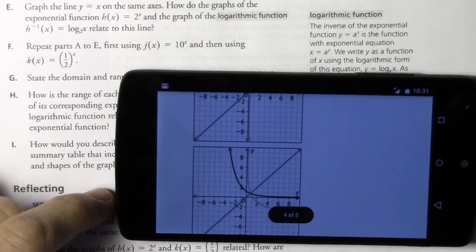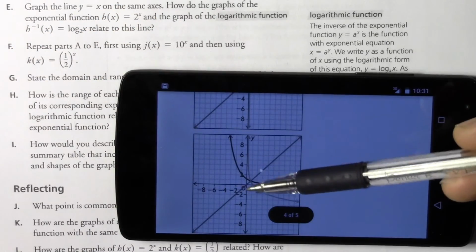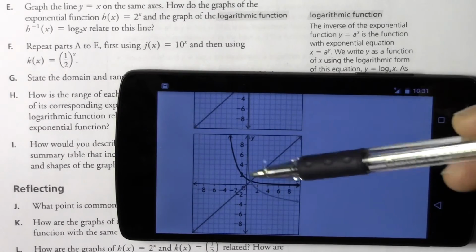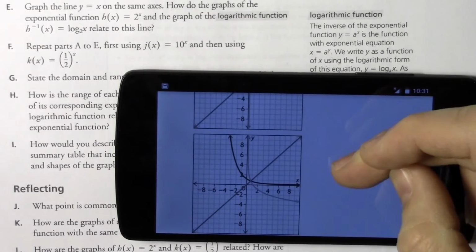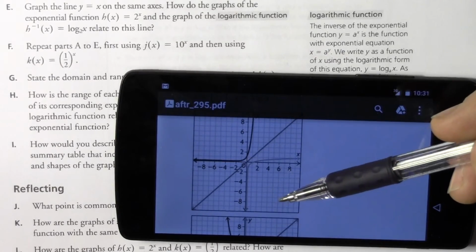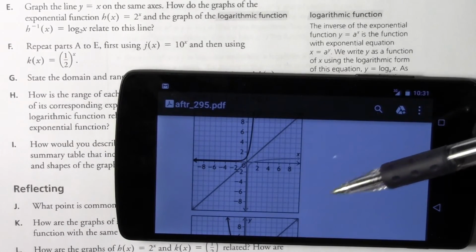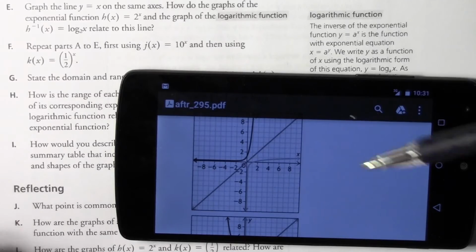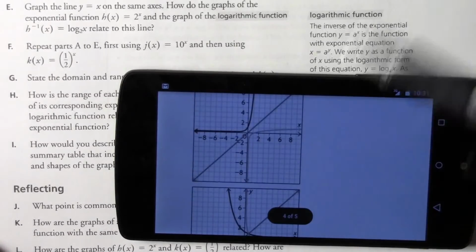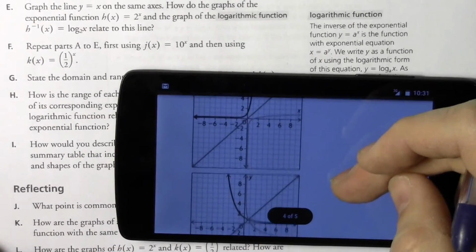What are the asymptotes for this dark line here? Elijah. Right. So for the dark line, for all exponential functions, there's a horizontal asymptote at y equals 0, when there haven't been any translations. For the light line now, Alan in the back, what's the asymptote for the gray, the inverse function?